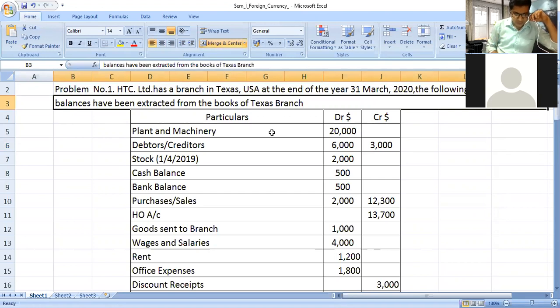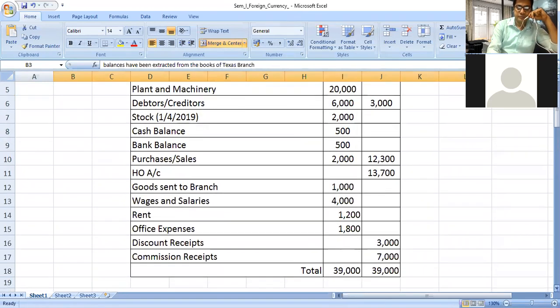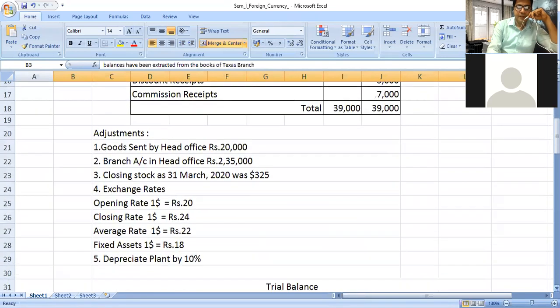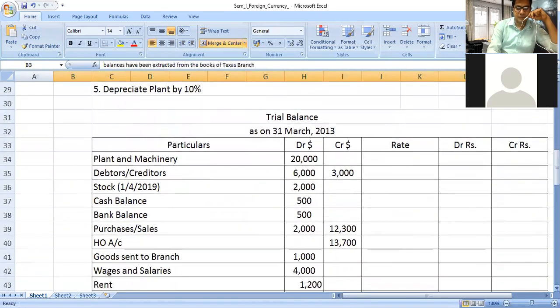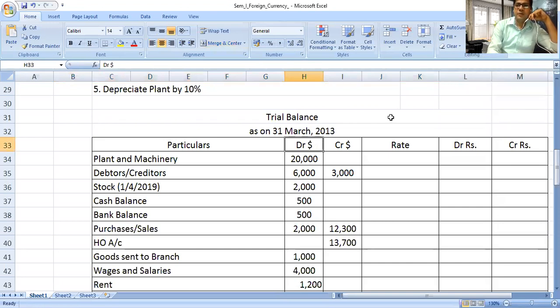In the last lectures we bifurcated the rates for integral and non-integral, and here we will prepare the trial balance separately and record the various parts of it. It means we will convert dollars into rupees.